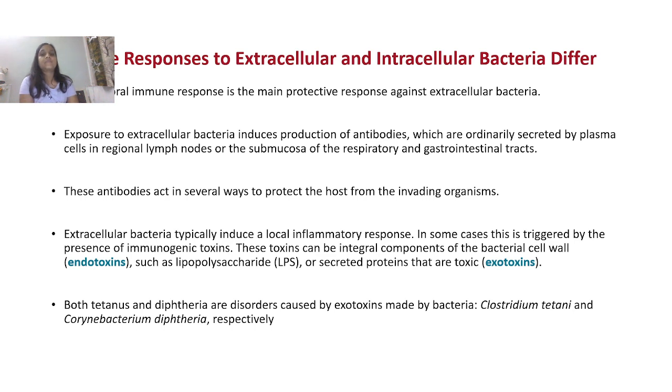So our body is mainly protected against them by the antibodies which are produced against them. We all know that antibodies are produced by the plasma B cells, which travel in the regional lymph nodes or in the respiratory or gastrointestinal tracts.